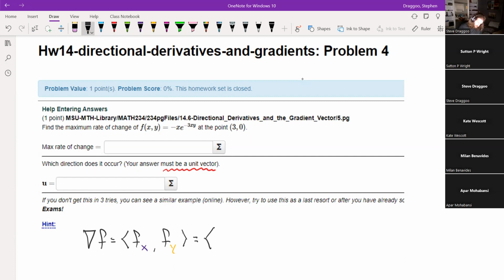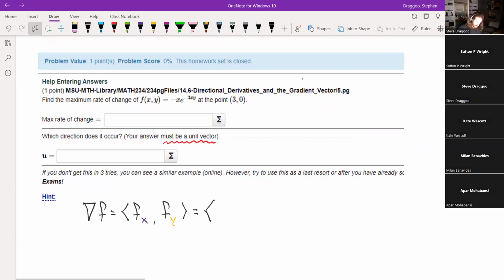So if I just take the derivative of that thing right on down the line, I am going to get negative e to the negative 3xy plus 3yx e to the negative 3xy.